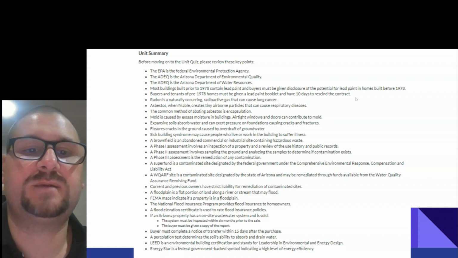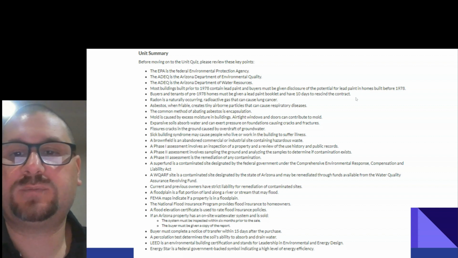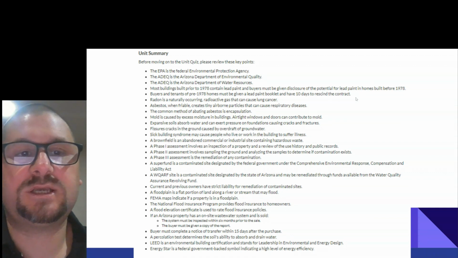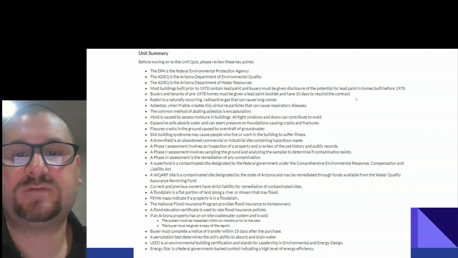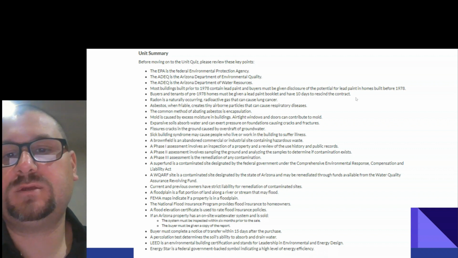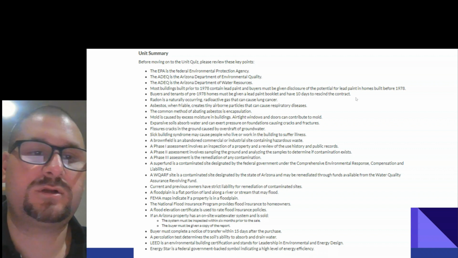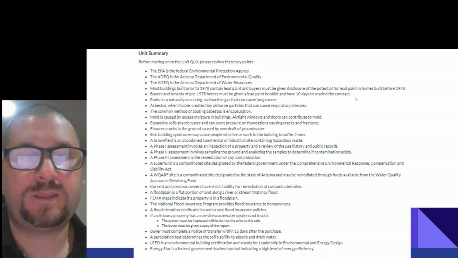Superfund is a contaminated site designated by the federal government under the Comprehensive Environmental Response, Compensation and Liability Act. A WQARF site is a contaminated site designated by the state of Arizona and may be remediated through funds available from the Water Quality Assurance Revolving Fund.